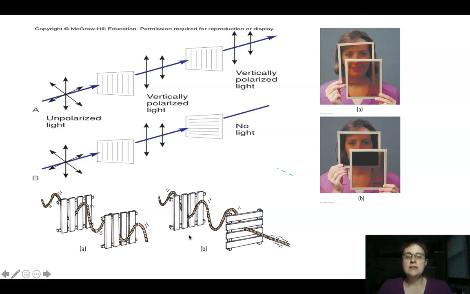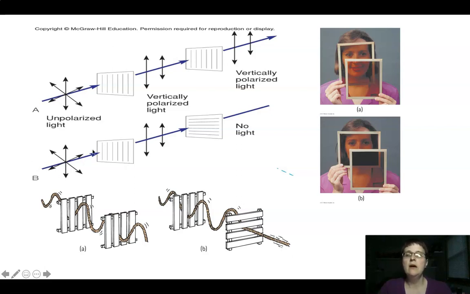Then if you look at the second one, we've still got that filter allowing vertically polarized light to go through, but then the second filter has been turned 90 degrees, meaning now only horizontally polarized light would be able to come through. Only light rays that are moving in that horizontal plane would be able to make it through. So you can see with the rope, that actually stops the movement.